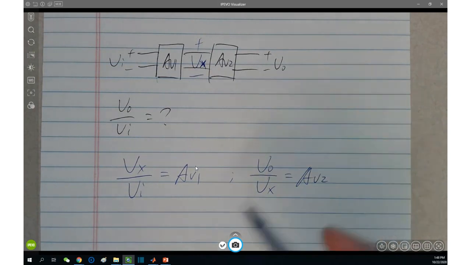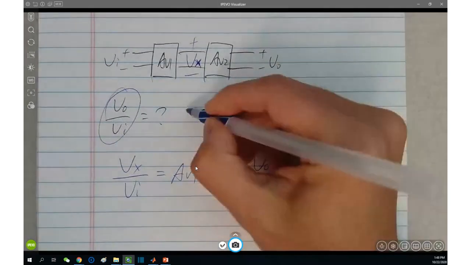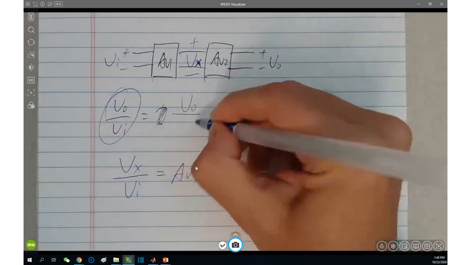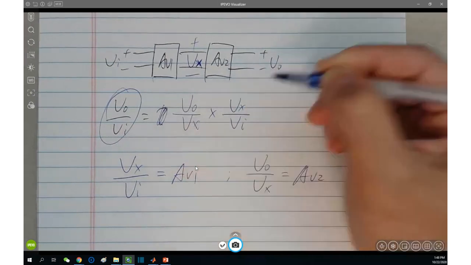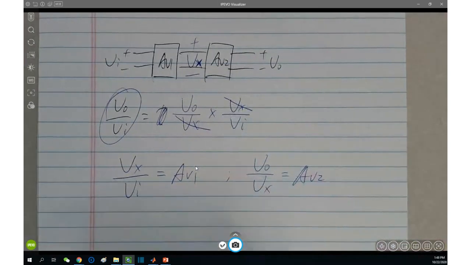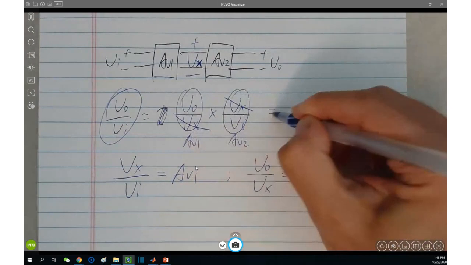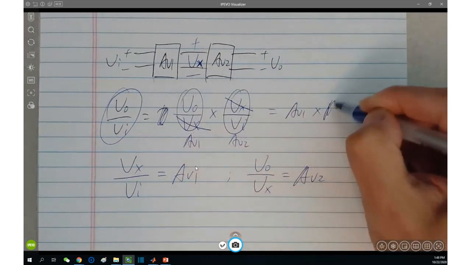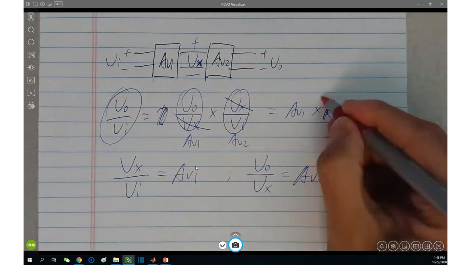And then what we're looking for is this guy, right? What can we do? This equals V naught over Vx times Vx over Vi. What do you see? Cancelled, right? And this one is AV1. This one is AV2. So AV1 times AV2. Times, once again.